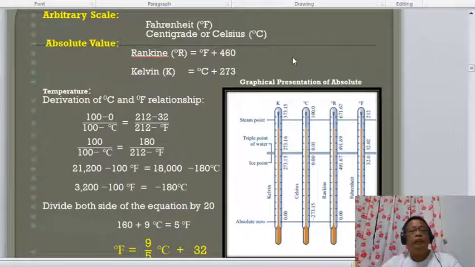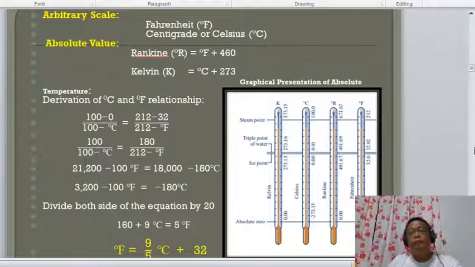But let us go back to the arbitrary scales, the Fahrenheit and the Celsius scale. By this time, we are going to derive a relationship between the Celsius and the Fahrenheit scale.